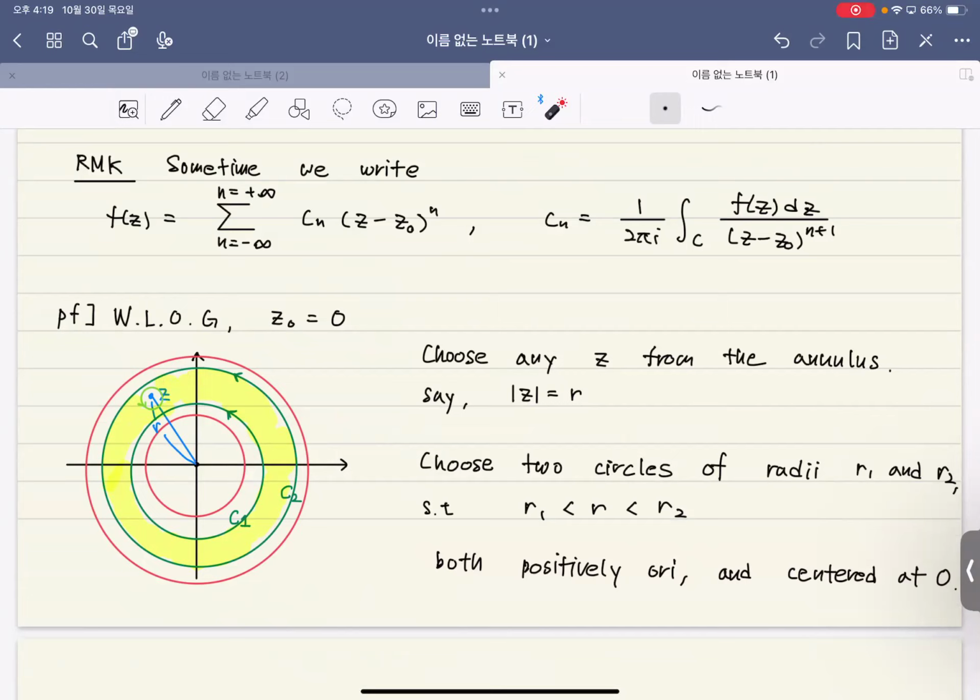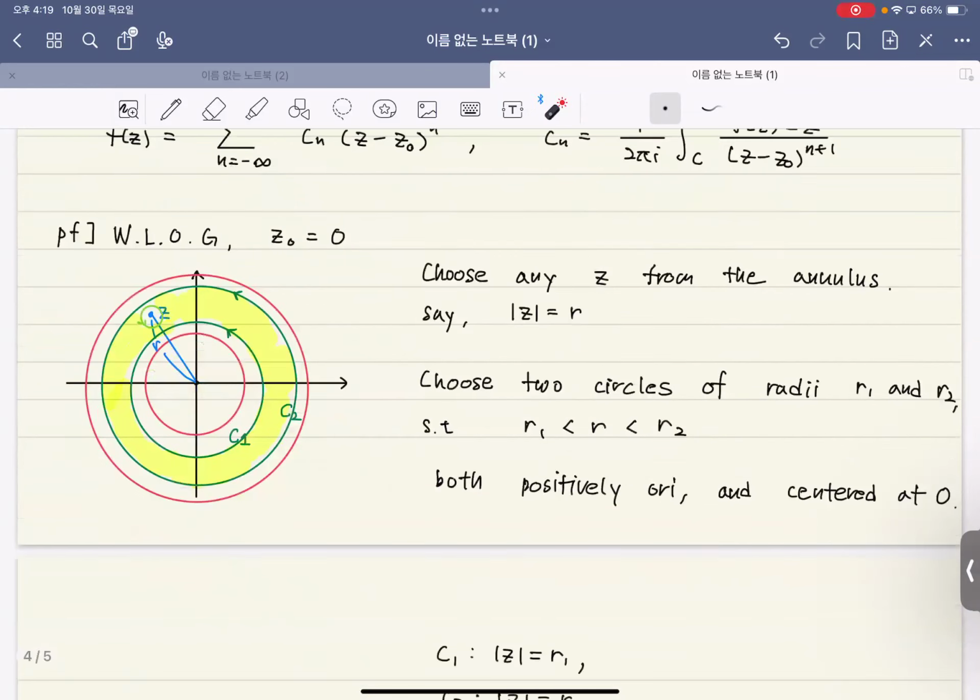Do you remember the Cauchy-Goursat theorem on the multiply connected domain?